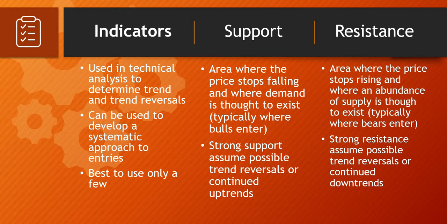They identify it based on their indicators or price action or whatever they use to make that decision, and they enter early at or near support. Okay, let's get back to our charts.